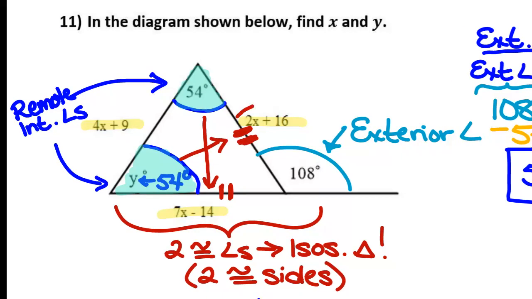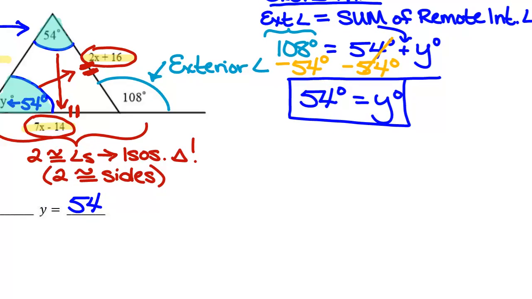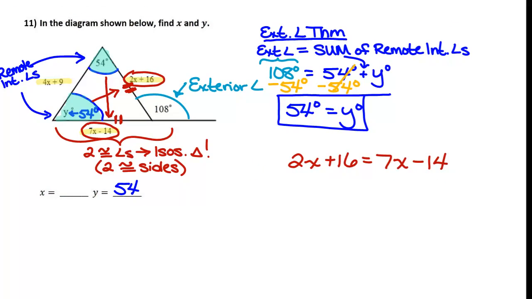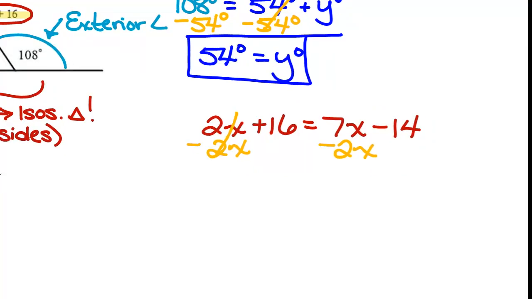So now I know that I can take 2x plus 16 and set it equal to 7x minus 14. To solve this for x, I need my x's on the same side, so I'm going to subtract 2x from both sides. What is 7x minus 2x? Close. 7 minus 2 would just give me 5.